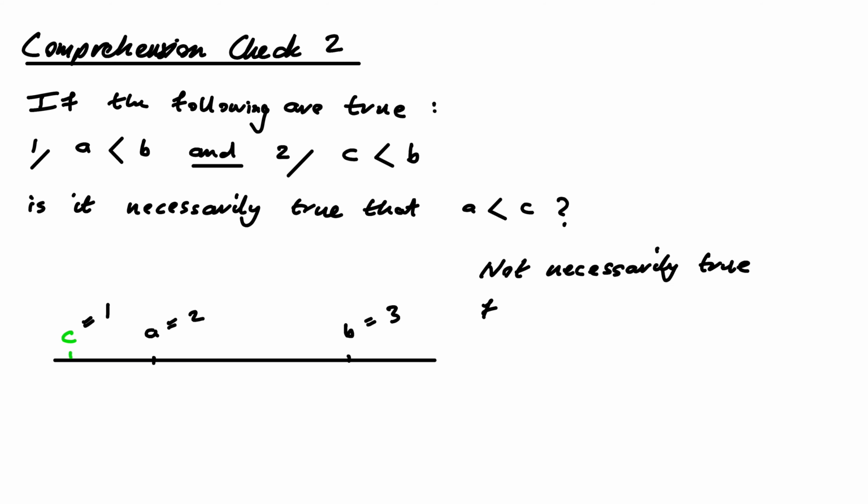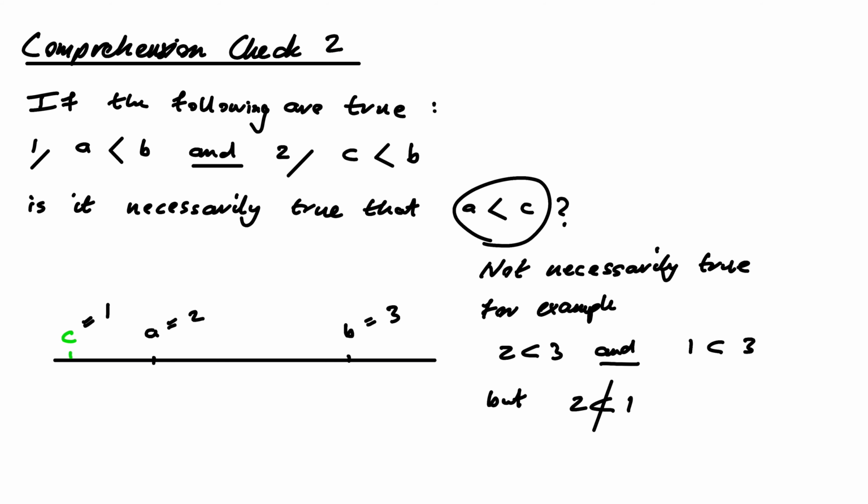For example, well, 2 is less than 3, and 1 is less than 3, of course, but we do not have, so I'll write it like that, 2 is not less than 1. So this does not hold.